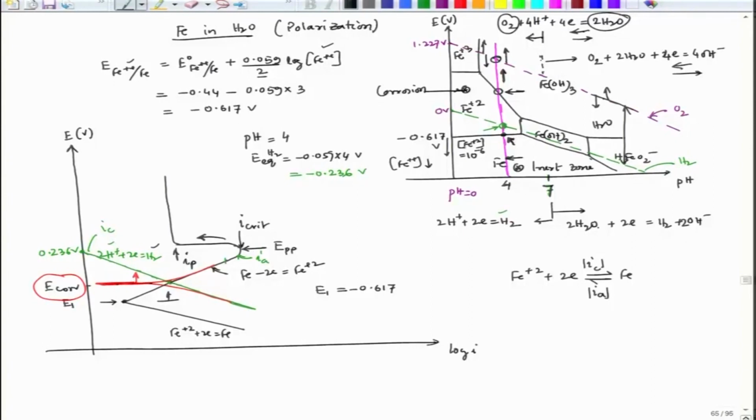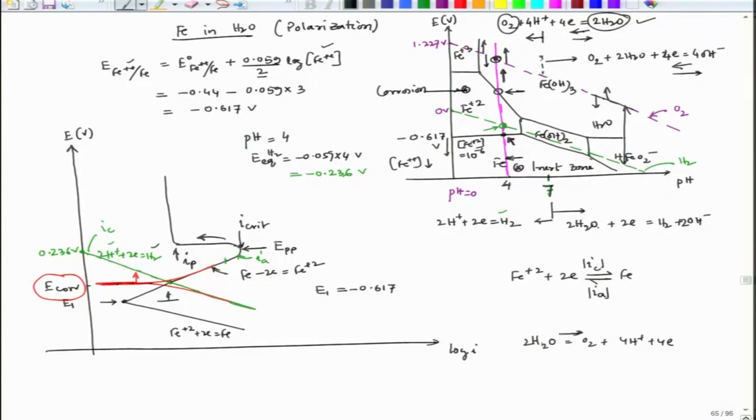Once it cuts at this particular point, and if we go beyond that, we have to consider this reaction, because this is in acidic media. So, we will start getting 2H2O = O2 + 4H+ + 4e-.